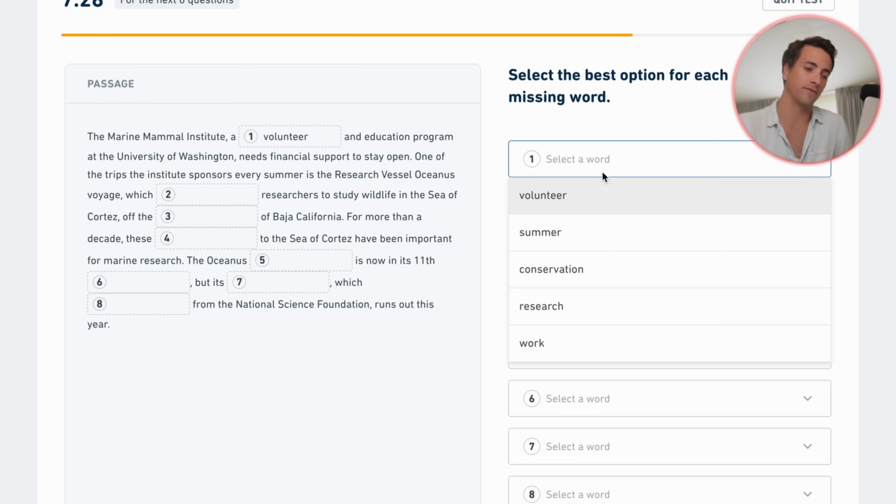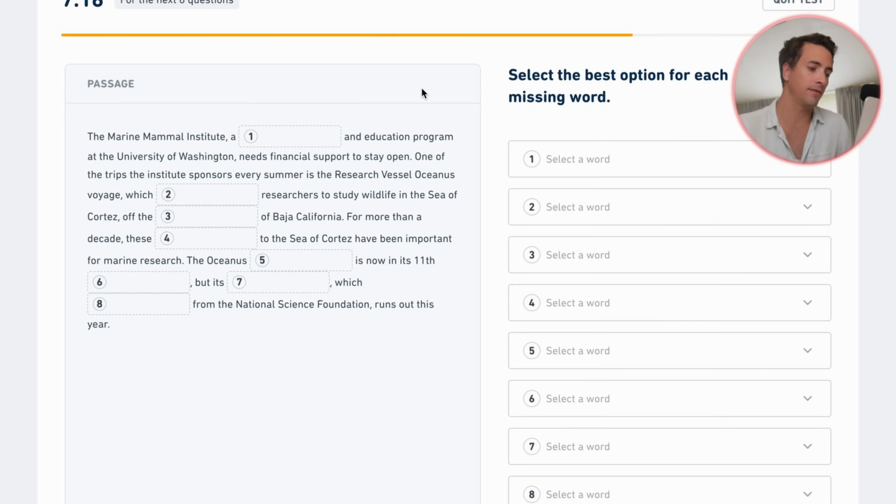And what's nice is if you open up the options for a blank, you can hover over them, and then Duolingo will put them in the blank so that you can read the sentence in context and test out the different options. So, the Marine Mammal Institute, a blank, an education program at the University of Washington, needs financial support to stay open.